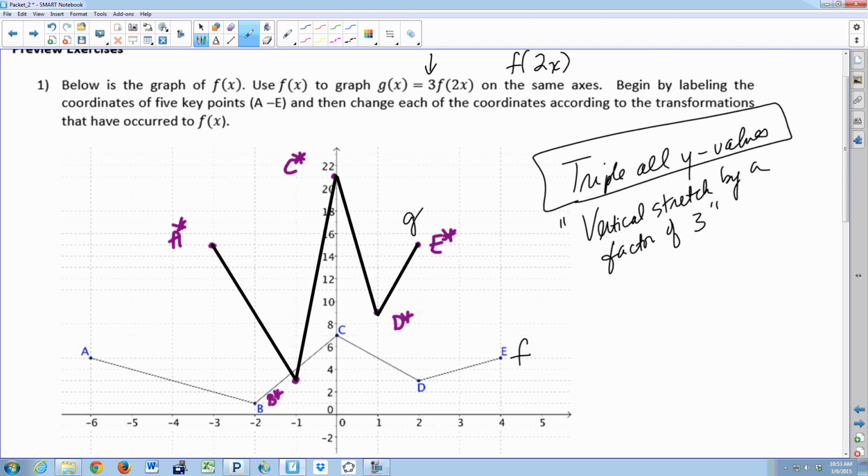What would I have to do to double? If I'm doubling x, how do I inverse that and get back to the original x? If I double x, what would I do to it to get back to x? Divide by 2. So this tells me to divide all my x values by 2.